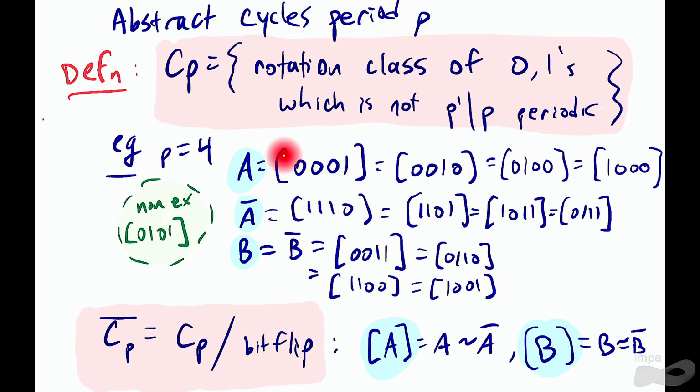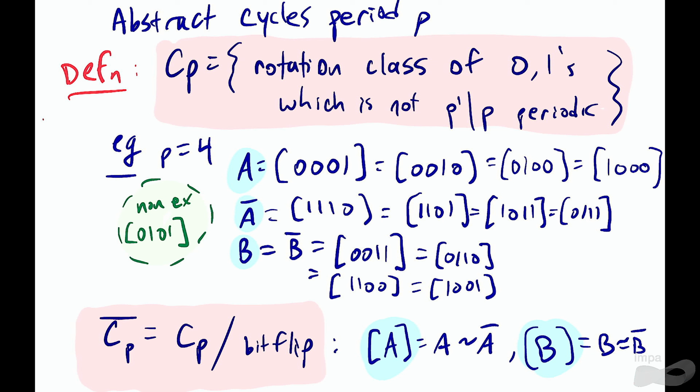And for instance, over p equals 4, we'll have different classes. We'll have 0, 0, 0, 1, and 1, 1, 1, 0. And we're going to notate these by having a conjugate over them, because this is related by bit flip. If we change all the zeros to ones and the ones to zeros, you're going to go from A to A bar. But sometimes you'll have special ones like B right here, which is 0, 0, 1, 1, which when you do the bit flip, gives you another guy in the rotation class.